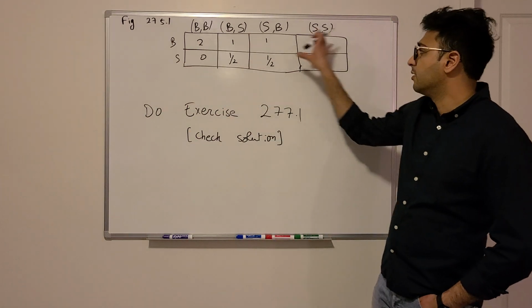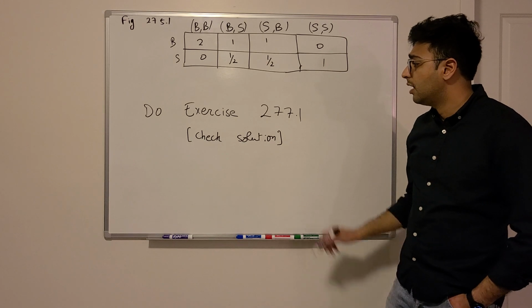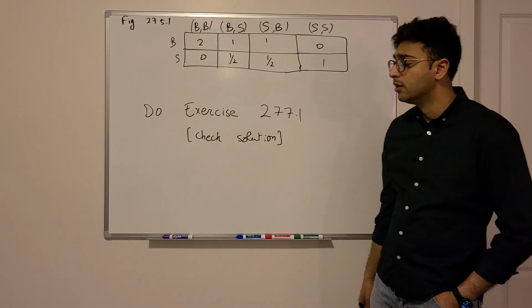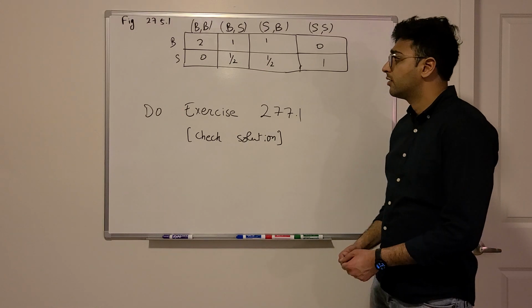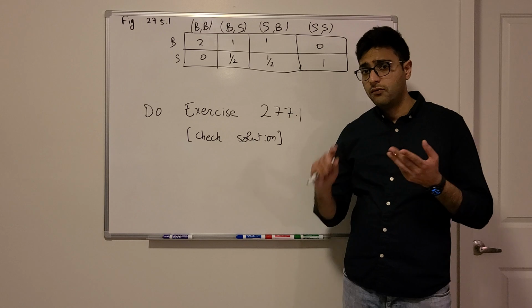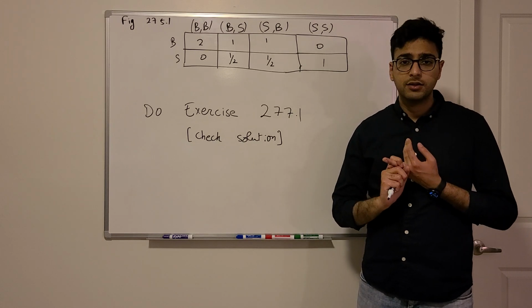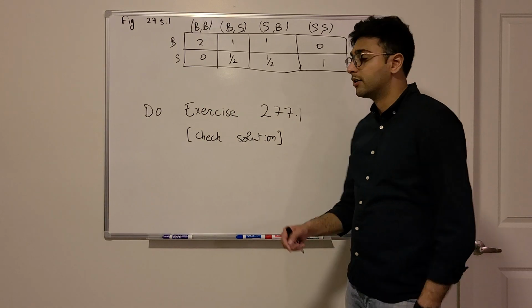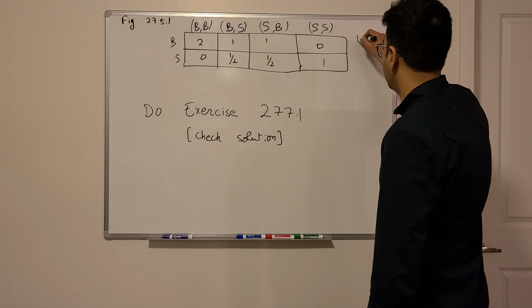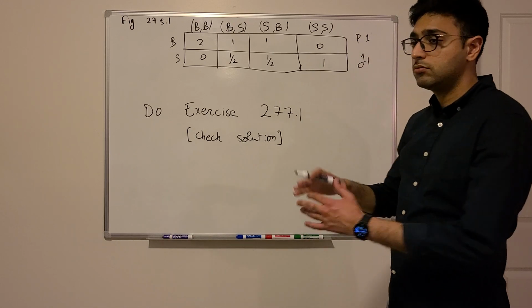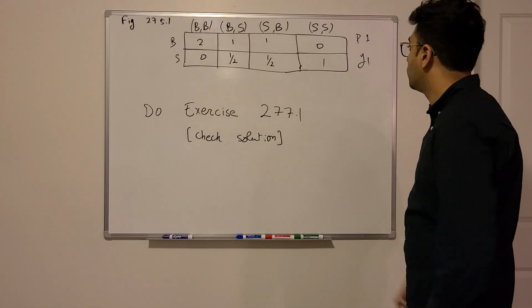So these are the expected payoffs, and now what I want you to do is exercise 277.1, which will allow you to calculate the expected payoffs for both players, for both types for each player. So there will be 4 such matrices that you will want to calculate. This matrix is for player 1 of type y1, so player 1 that has observed the signal y1.